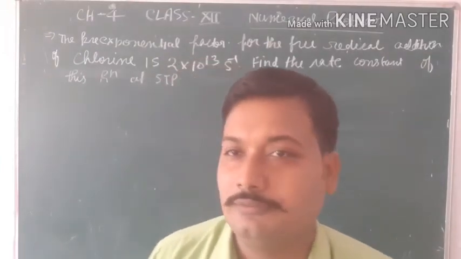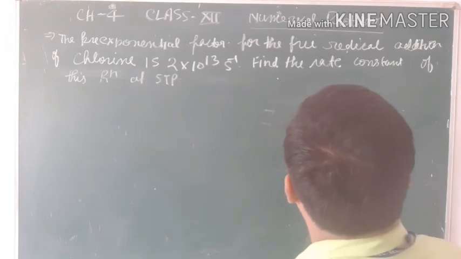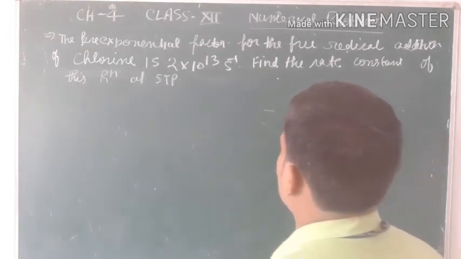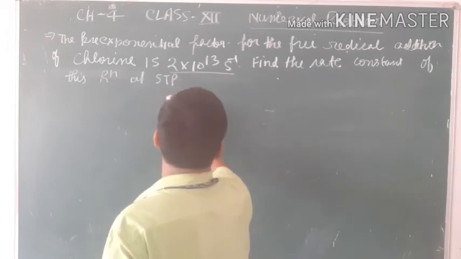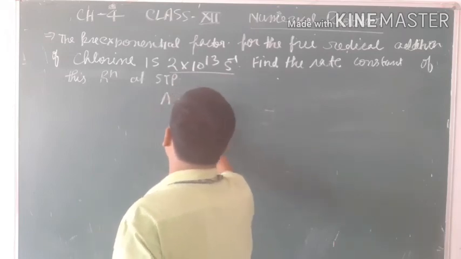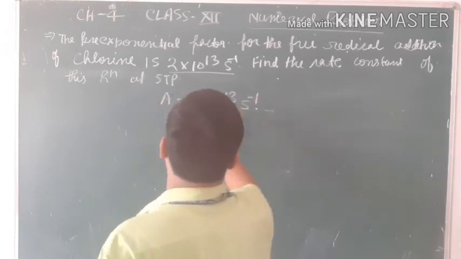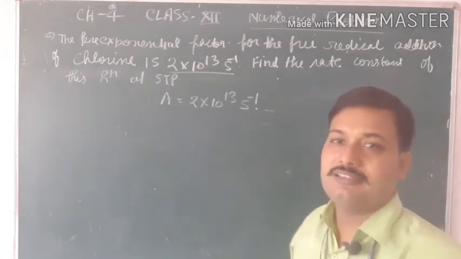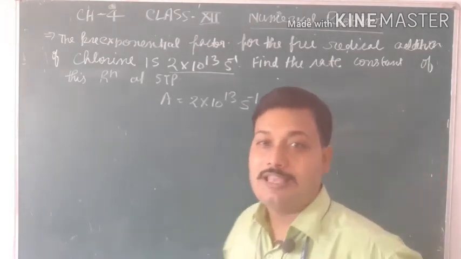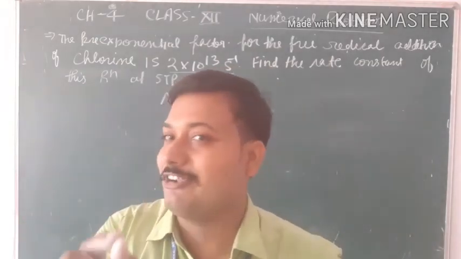So in this question, the frequency factor for the free radical addition reaction is given as 2 into 10 to the power 13 second inverse. This A is equal to 2 into 10 to the power 13 second inverse. This is the pre-exponential factor given. This is a conceptual question. Guys, in this reaction, a simple term is given, that is the free radical reaction.